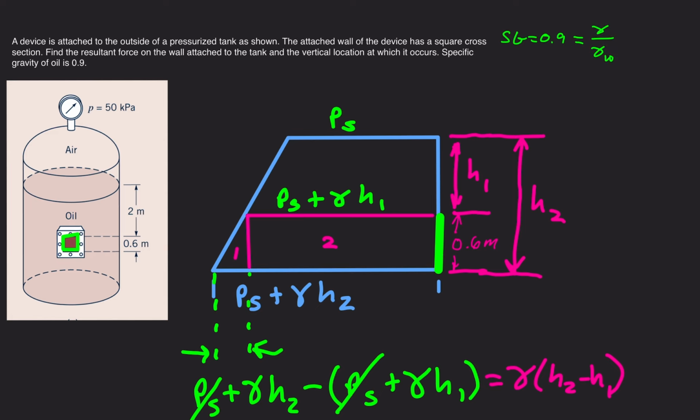Okay. We want the specific weight. So the specific weight is 0.9 times the specific weight of water, which I don't know off the top of my head.